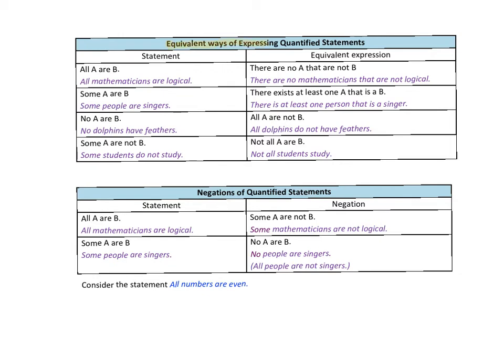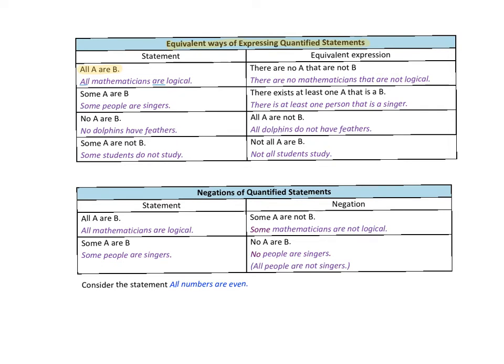So when we look at equivalent ways of expressing quantified statements, now if this shows up in your homework, you could simply use this table because it's like a template. If we have a form all A are B, the example here is all mathematicians are logical. So A would be mathematicians, B would be logical.